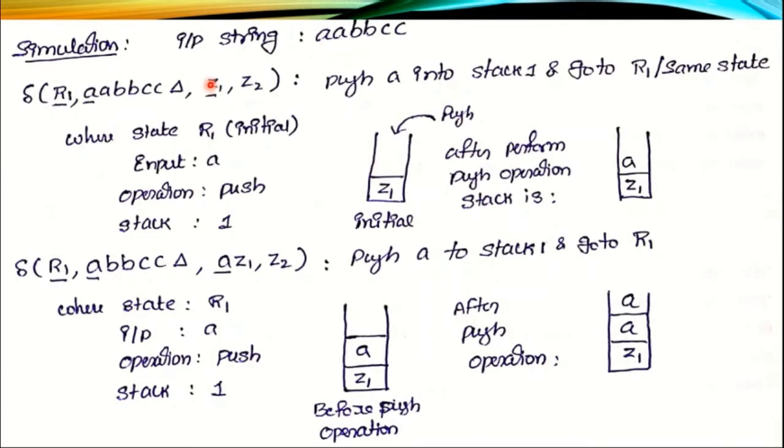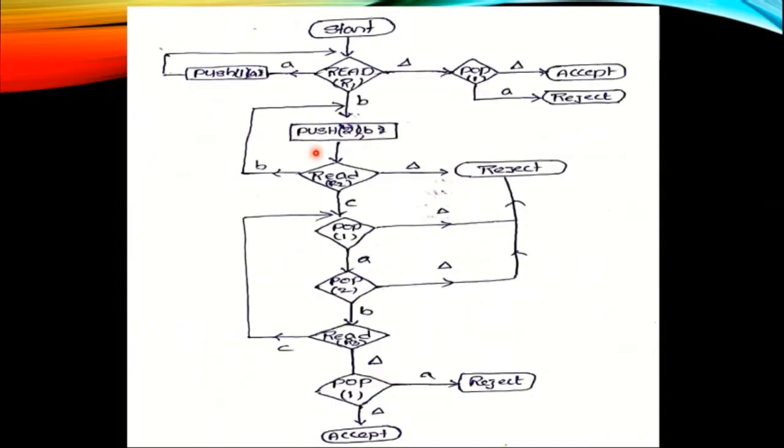Now in this pushdown automata, what is the initial state? R1 is the initial state, so from R1 we consider the entire input. At the bottom of stack 1 we assume the starting symbol Z1, and stack 2's starting symbol is Z2, so initially stack 1 and stack 2 are both empty, and that emptiness is indicated by Z1 and Z2.